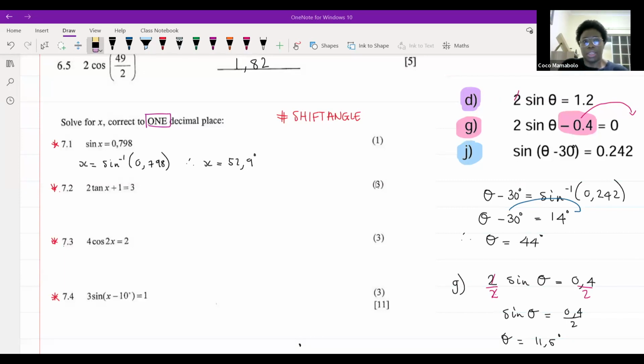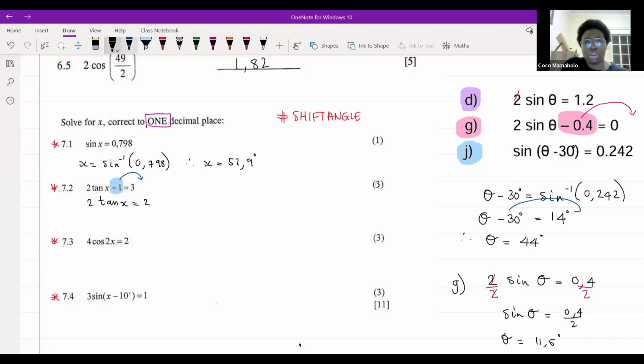All right, so first thing we're going to do over here, guys, is we're going to get rid of that +1. That +1 is problematic, right? So that +1 needs to go over to the other side and it's going to become -1. So I'm going to end up with 2 tan x is equal to 3 minus 1 will give me 2.